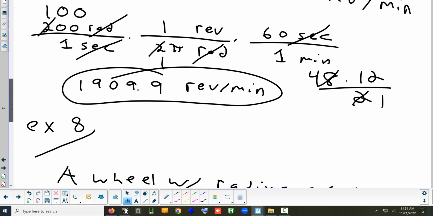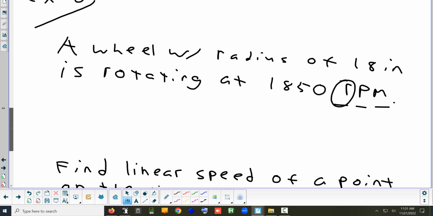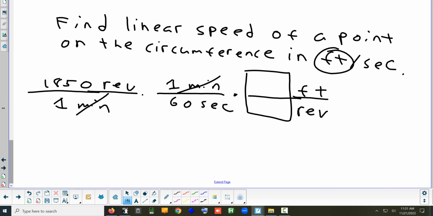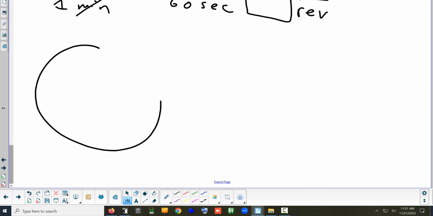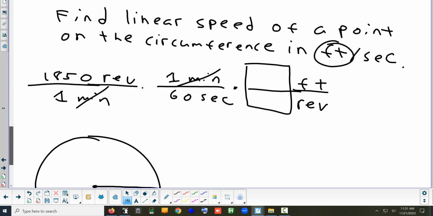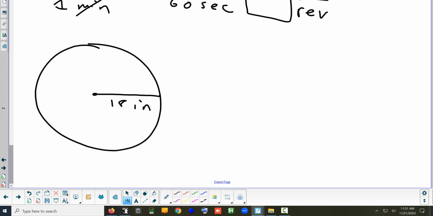Well, we have a tire that has a radius of 18 inches. So here's your tire. That's 18 inches, which is what in feet? 1.5. Yeah, we might as well change that to 1.5 feet.